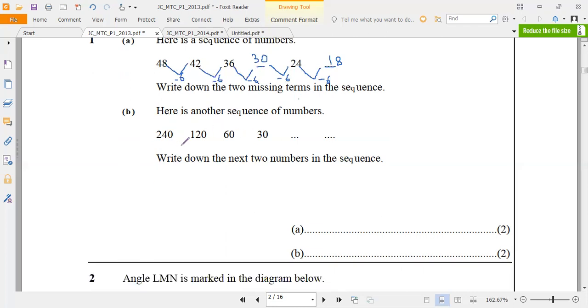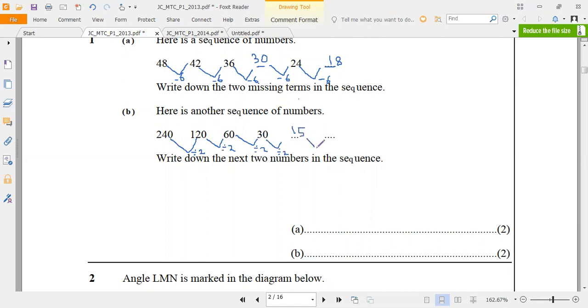Then part B, here is another sequence: 240, 120, 60, 30. If you notice the trend, 120 is got by getting 240 divided by 2, then 60 is got by getting 120 divided by 2, and then 30 is got by getting 60 divided by 2. So the next number, we get 30 and divide it by 2, which is 15.